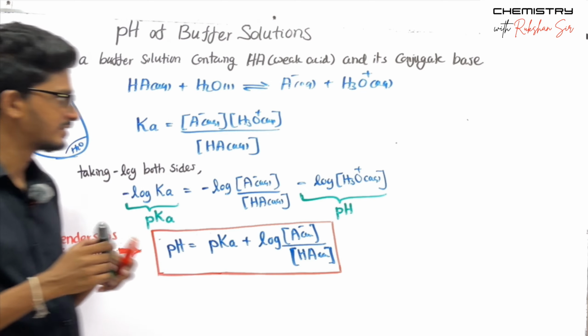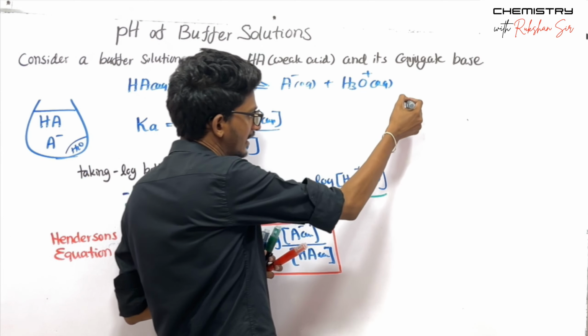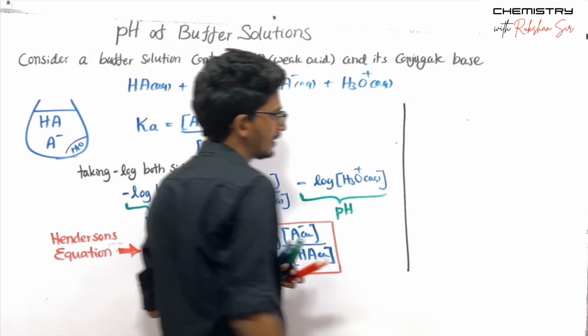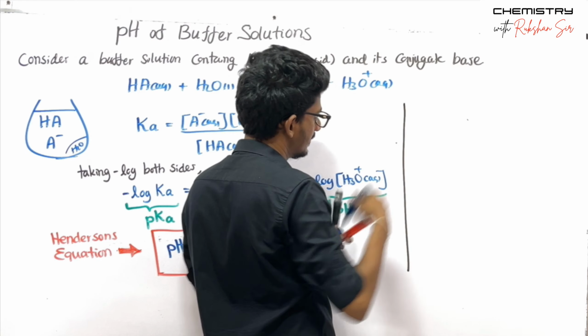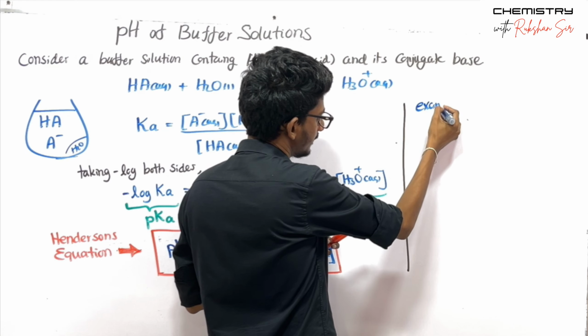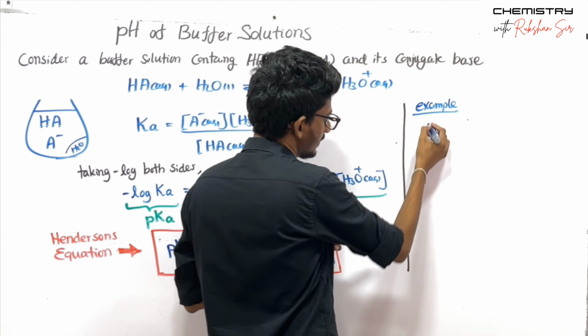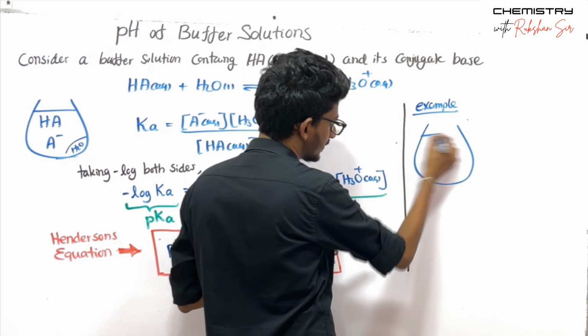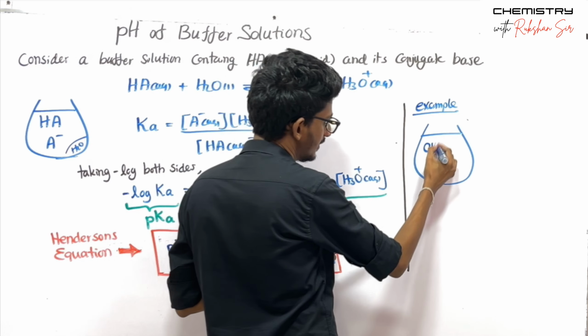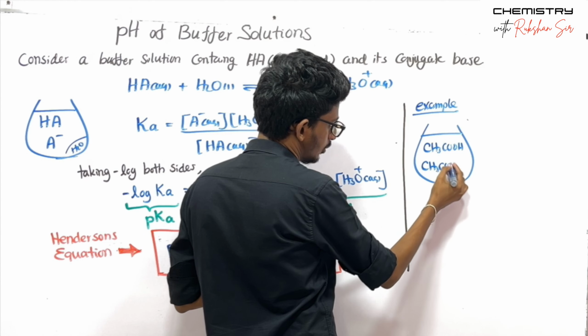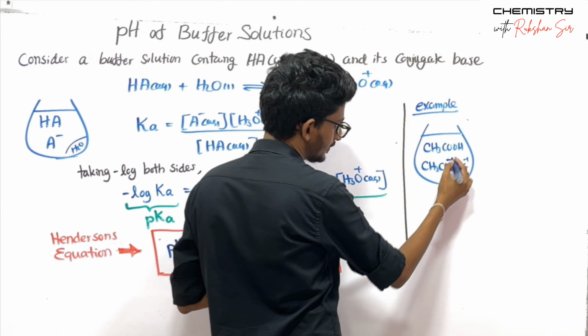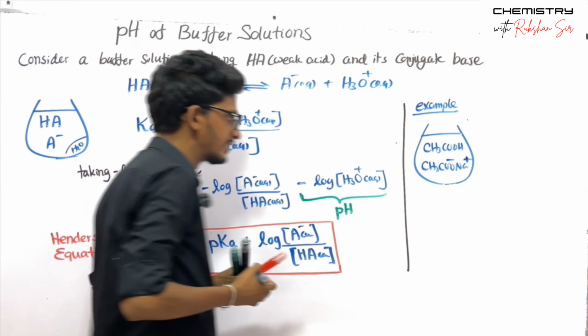So if you need to write this, it can be easily written like this. See this example. Say you are with some buffer solution containing CH3COOH and CH3COO minus Na plus. So how do we come up with the Henderson's equation?